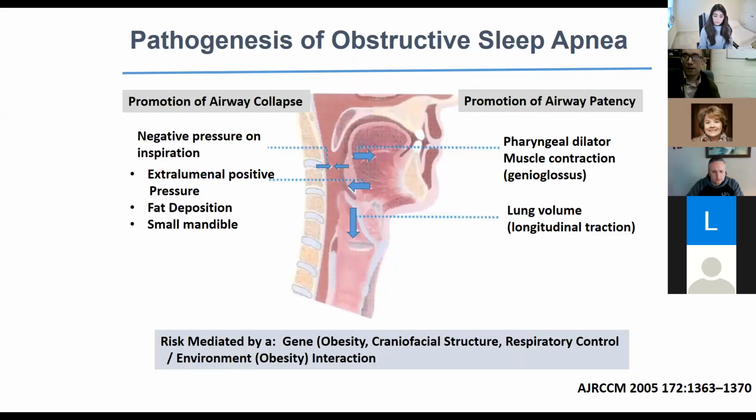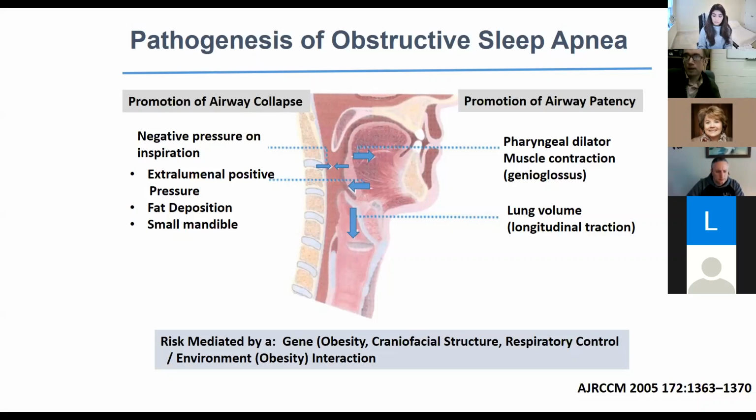That gives negative pressure in the airway on inspiration. In health, we have strong pharyngeal dilators, the most important being the genioglossus, or the tongue. And with good healthy lungs, there's tension put along the upper airway when the lungs expand to maintain patency.